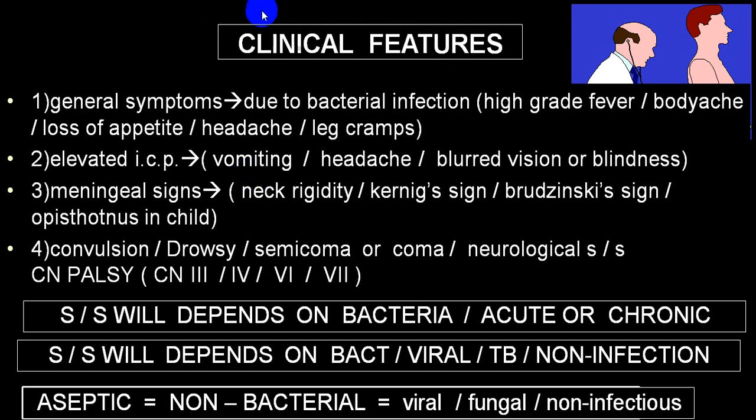As far as clinical features are concerned, there are general symptoms and signs because of bacterial infections, release of endotoxins and exotoxins. You will have a high grade fever, body ache, loss of appetite, headache, leg cramps, etc. Secondary to raised intracranial pressure, vomiting, we call it projectile vomiting, severe headache, and blurred vision because of papilledema.